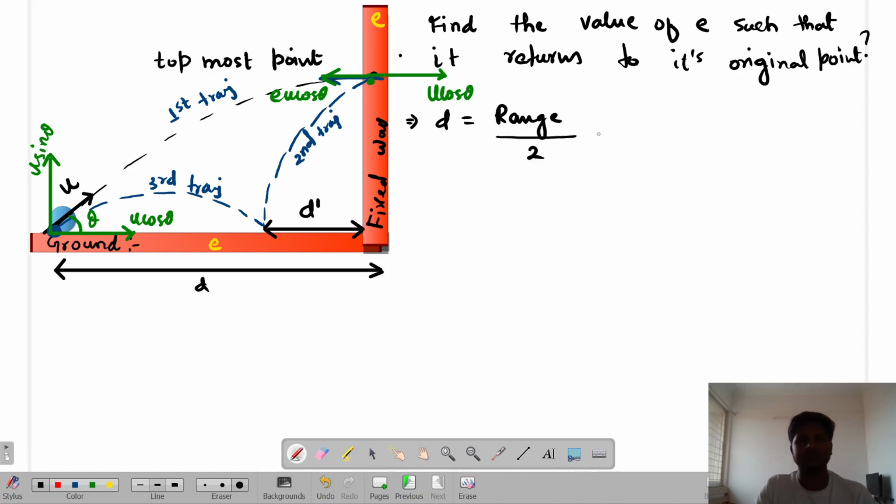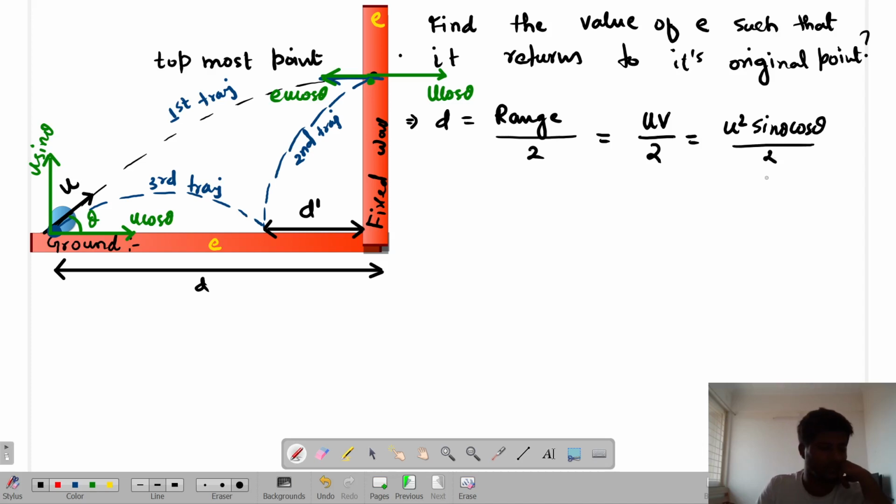If it is hitting the topmost point, range is, in projectile motion, u into v by 2. That is u square sine theta cos theta.